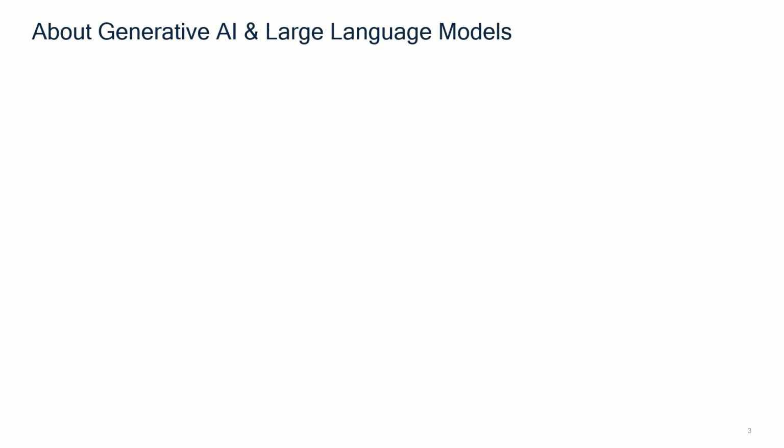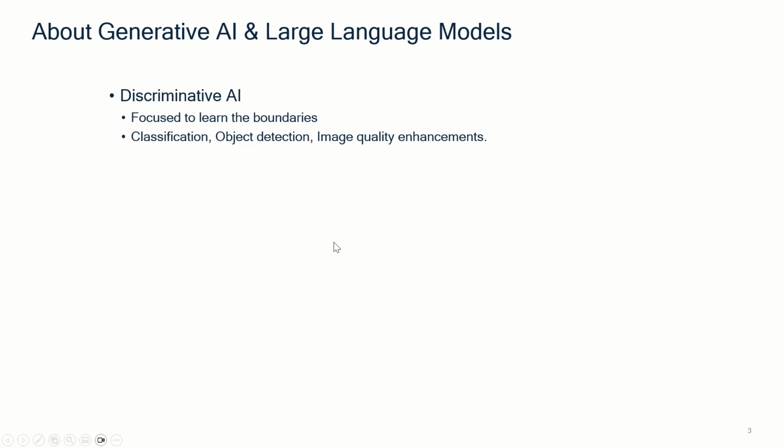Many of you probably know about generative AI, with popular terminologies like ChatGPT, prompt engineering, and all these buzzwords going around. AI has been significantly evolving for more than a decade. While we talk about generative AI in recent years, there is a question: what is the kind of AI that we have been using all the time? I would probably call it discriminative AI, as what it used to do is learn the boundaries in the given data.